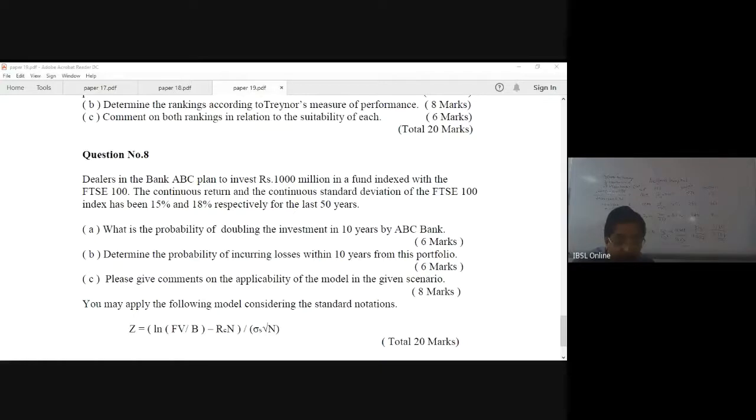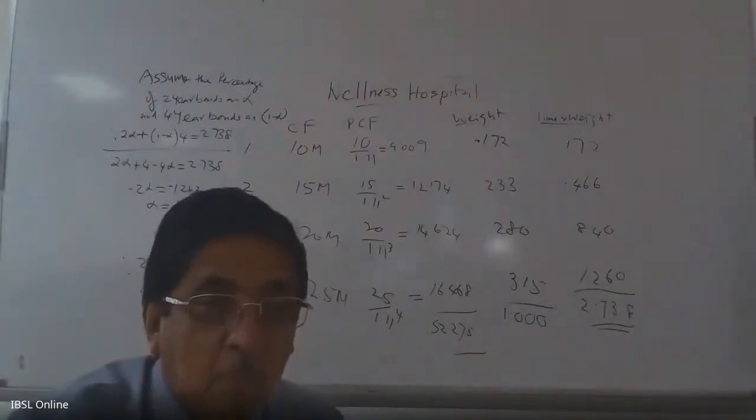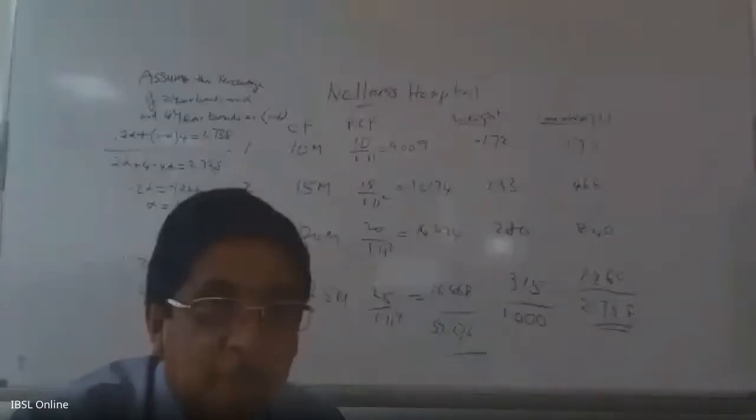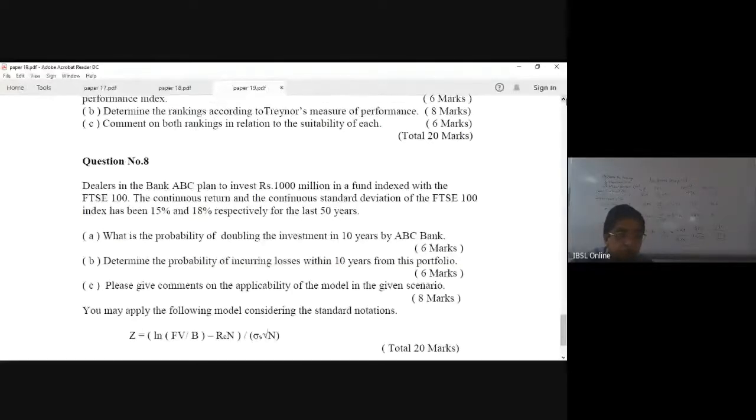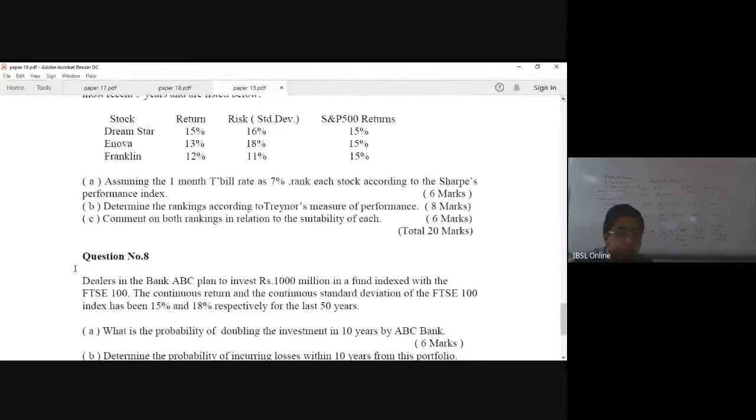Franklin's beta would be, now Franklin's return is 12%, so therefore 12 minus 7 would be 5%. 5 divided by 8 would be 0.6 something.